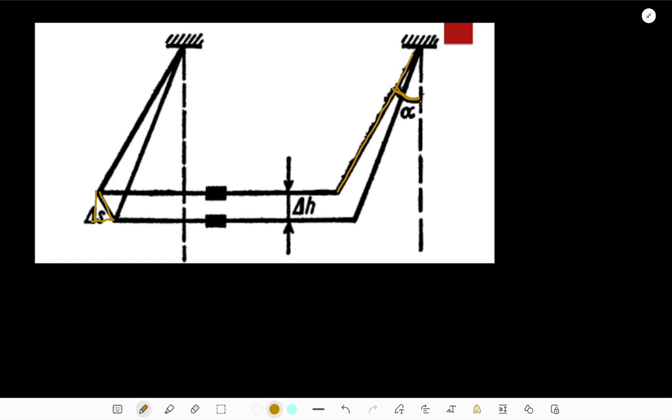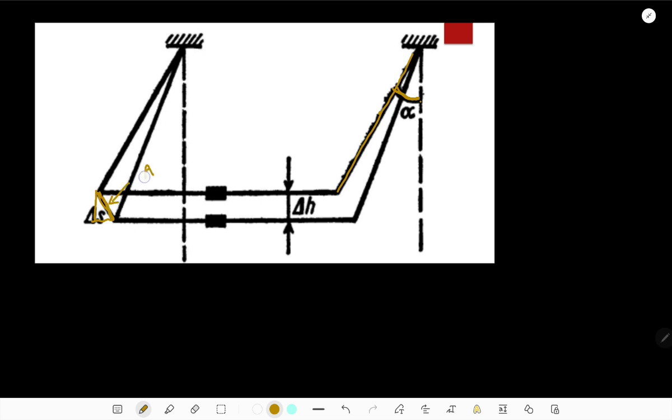Because the time interval is very small, the rod should perform a displacement perpendicular to the rope.